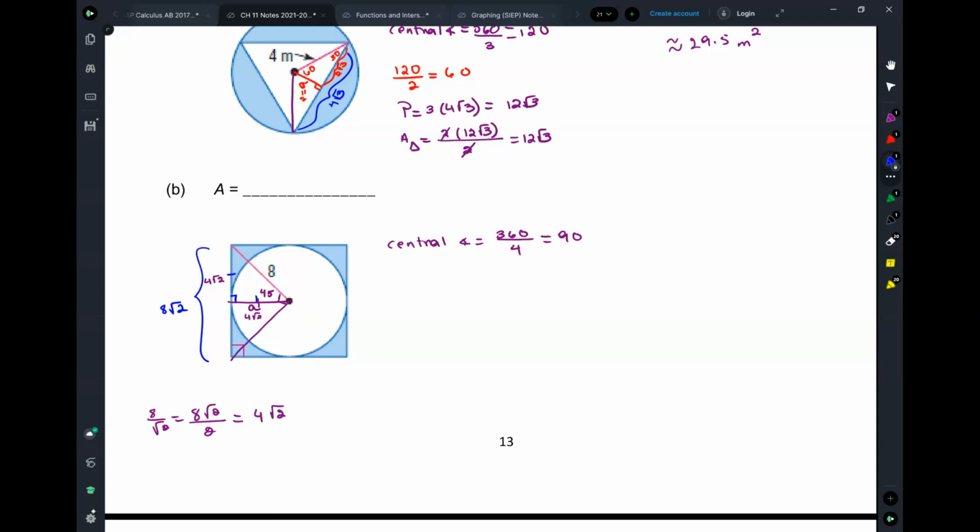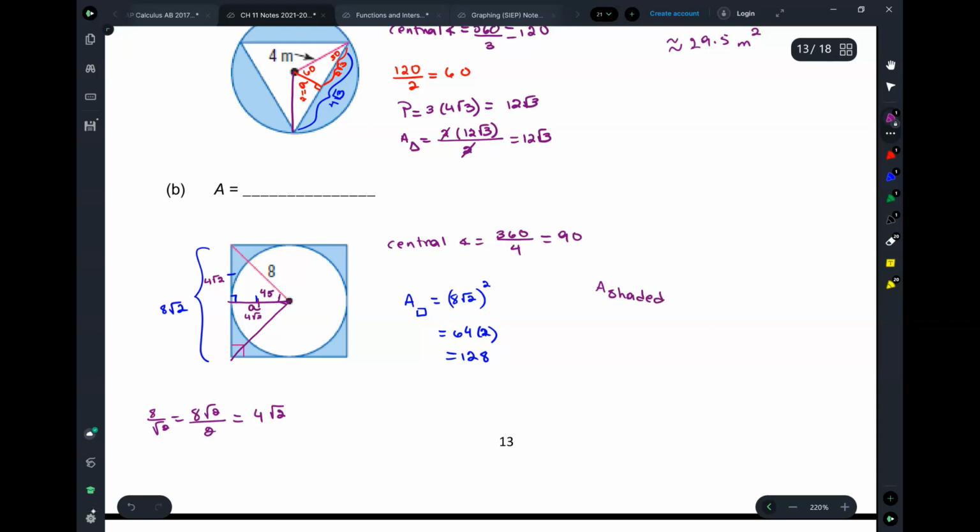So the area of the square is 8 root 2 squared. That's 64 times 2, 128. So the area of the shaded part is 128 minus pi times 4 root 2 squared.